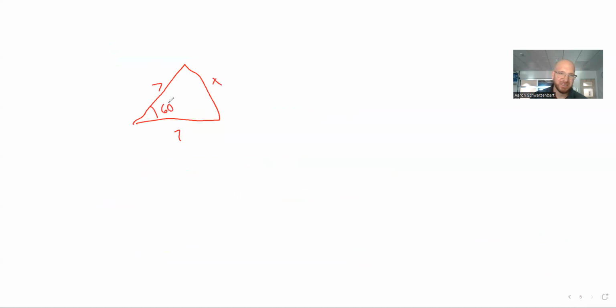This is 60 degrees, so let's convert our degrees to radians. 60 degrees times pi over 180. 60 over 180 is 1/3, so pi over 3. S equals theta, there's my pi over 3 times my radius 7, which is 7 pi over 3. So that's my outside length here.